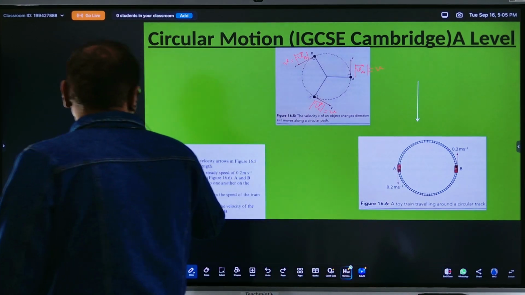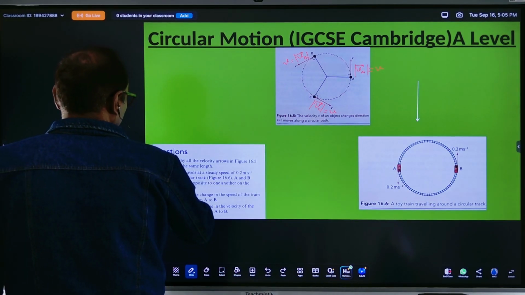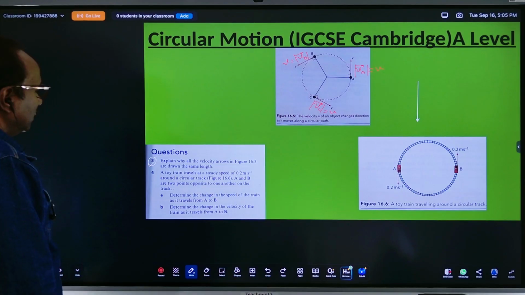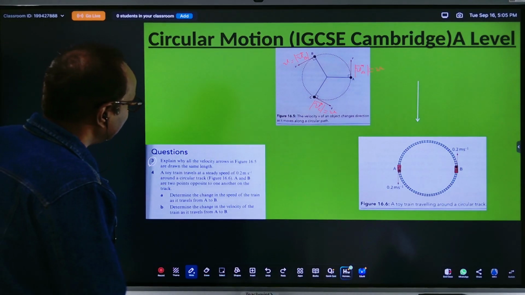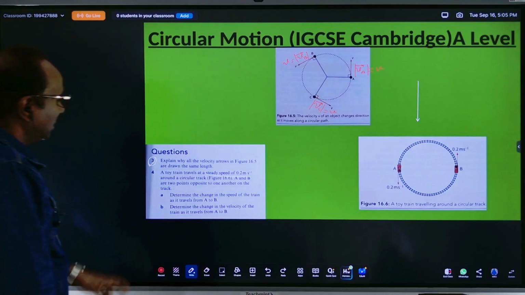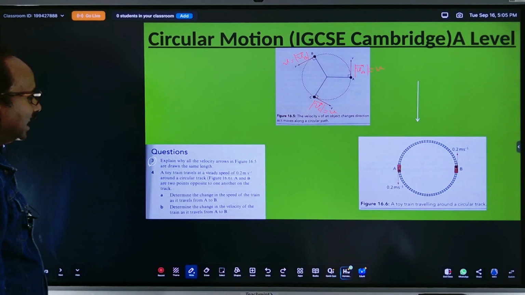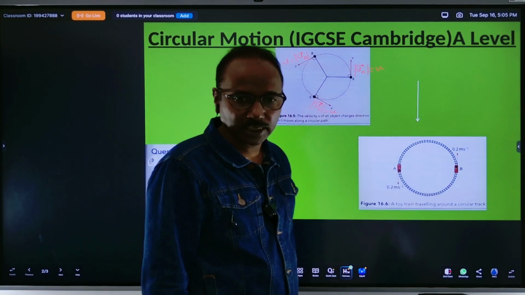So this was your third number 3 question, right? Now the second question is: a toy train travels at a steady speed of 0.2 meter per second around a circular track as shown in figure 16.6. So this is your figure 16.6.